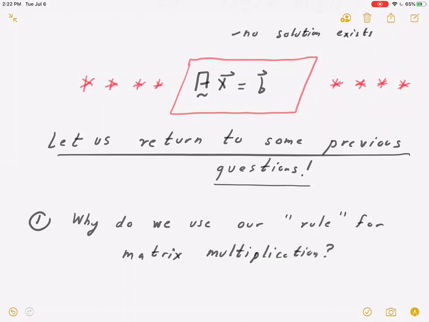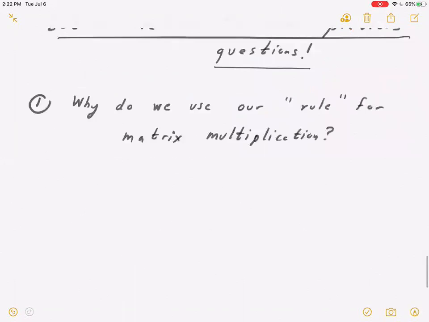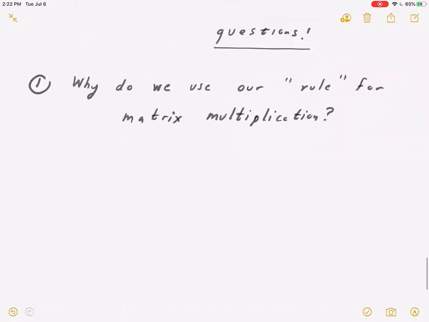In other words, we wrote down a rule that allowed us to multiply matrices together, but we really never gave any justification for why we picked that rule and not another rule. So let's look at a nice example.